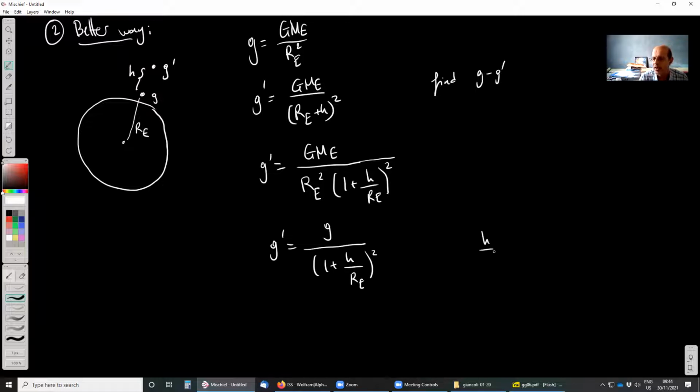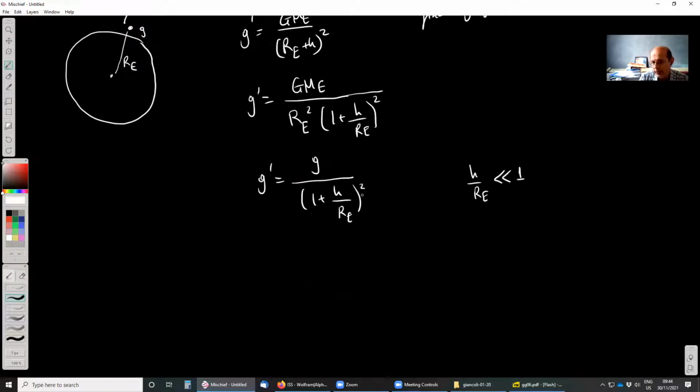So this h over Re is much smaller than 1, and it is dimensionless. Okay. So what we can do is expand this by the binomial expansion, but probably it is better to do it by just moving it to the numerator. So I'm just going to write it down like that. This is 1 plus h over Re to the power minus 2.